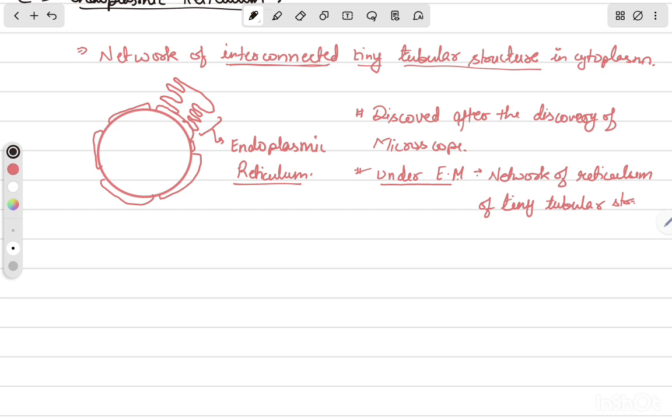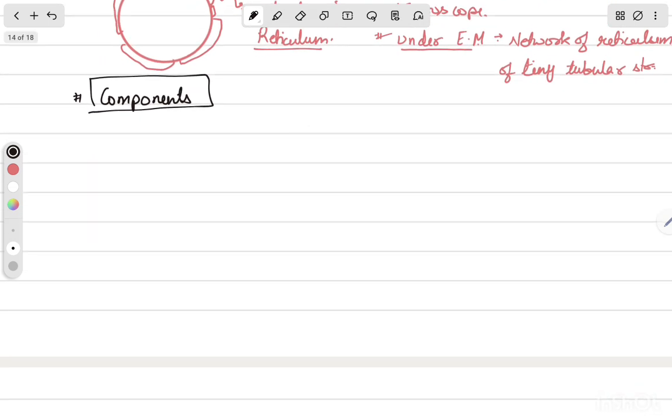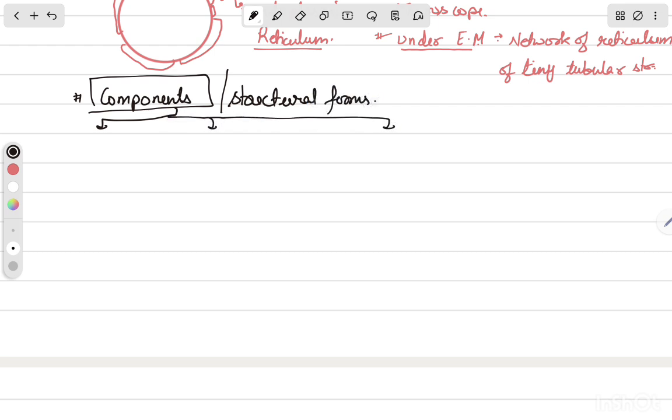Next point, we'll discuss the components of the endoplasmic reticulum. We have three major components, or we can say structural forms. Three types of structural forms are present.